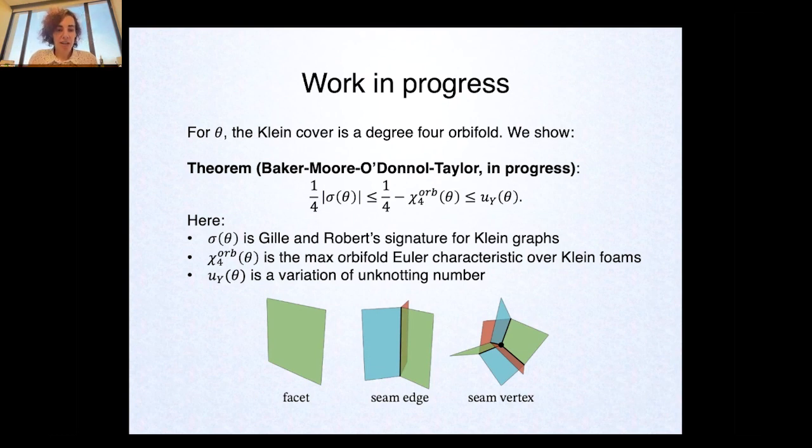And when we calculate this maximum orbifold Euler characteristic, we are no longer using Seifert surfaces, but we're using a generalization of this. We're using Klein foams properly embedded in the 4-ball. So there's definitely some details to work out. The good news is a notion of signature has already been defined by Gilles and Robert for Klein graphs.